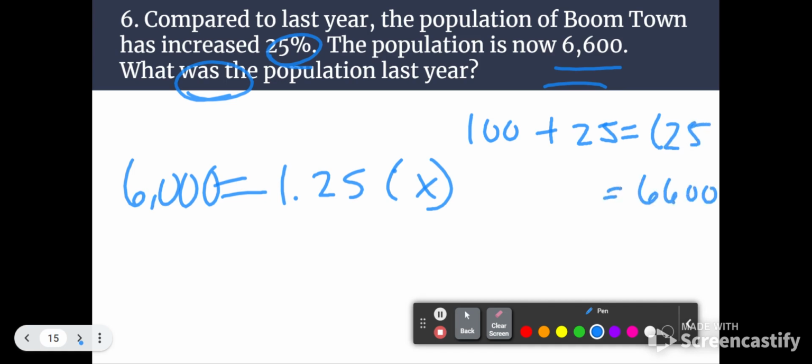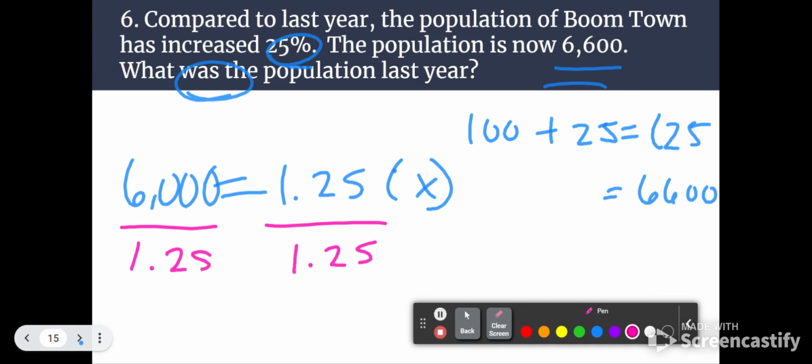Okay. So I'm going to divide. And let me calculate here quick. Oh, geez, I put the wrong number. That would help. I get 5,280.